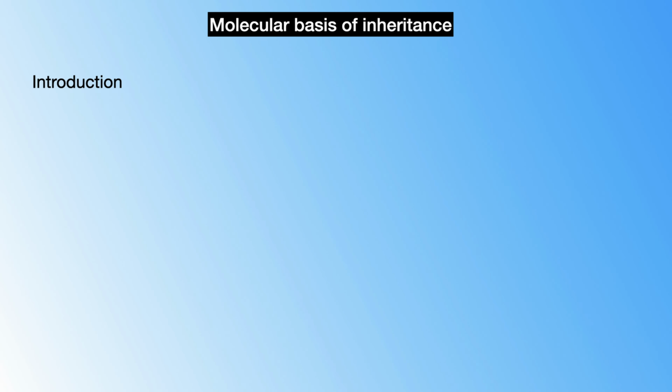If DNA is genetic material in the majority of organisms, what is the genetic material in the rest of the organisms? It is RNA. So, there are two genetic materials. One is DNA and the other is RNA.